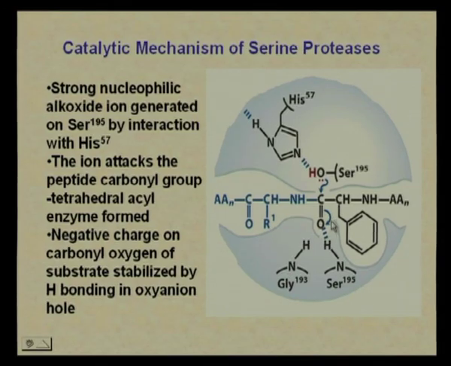We have an O minus formed here. So, what is happening is this O, after the abstraction of the H to the histidine, forms an O minus that sits in this oxyanion hole and is stabilized by the NH of glycine 193 and serine 195.